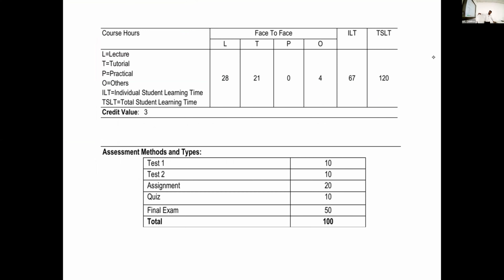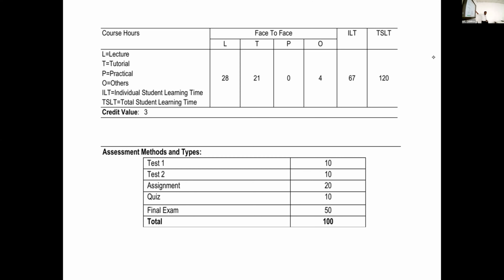Okay. So this is your course outline. For lectures, we have how many hours? 28 hours. Clear? Then 67 hours of individual student learning time, which means you need to do self-study as well. Clear? You need to search from Google, books, articles and all. And this is the assessment method.